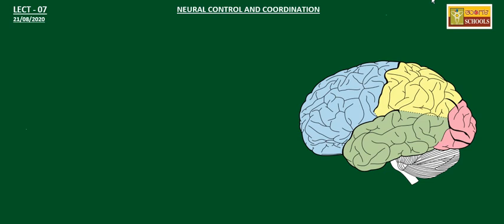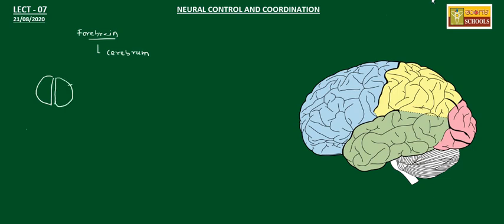So now let's see here the forebrain. The forebrain consists of the cerebrum, which is the largest portion of the brain, and this cerebrum is divided into two cerebral hemispheres. So it has two halves.